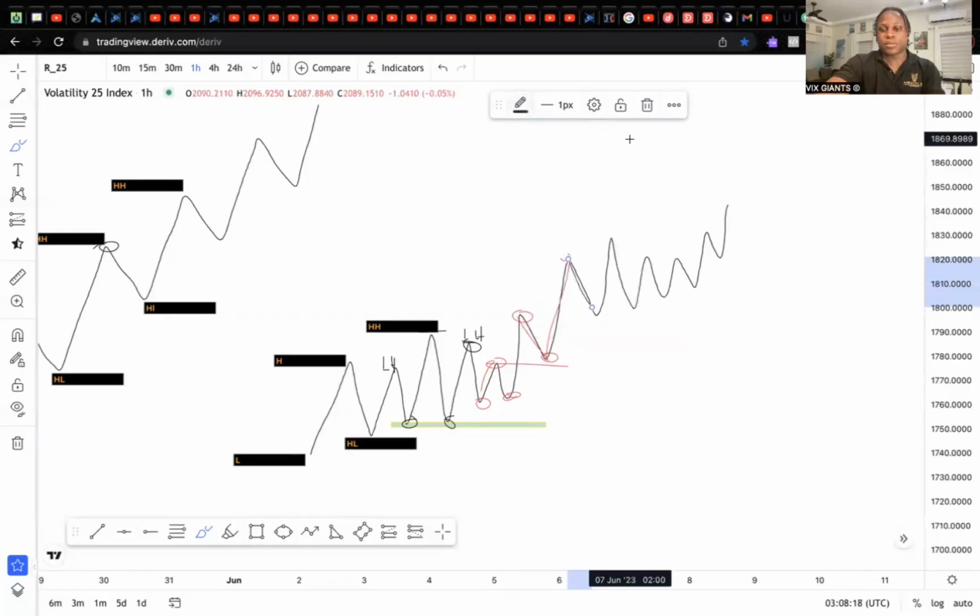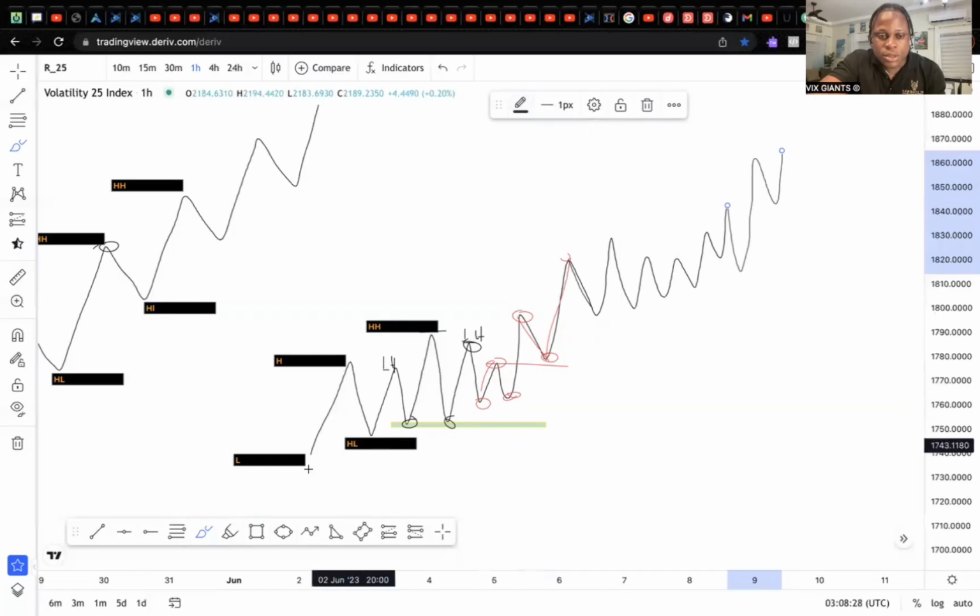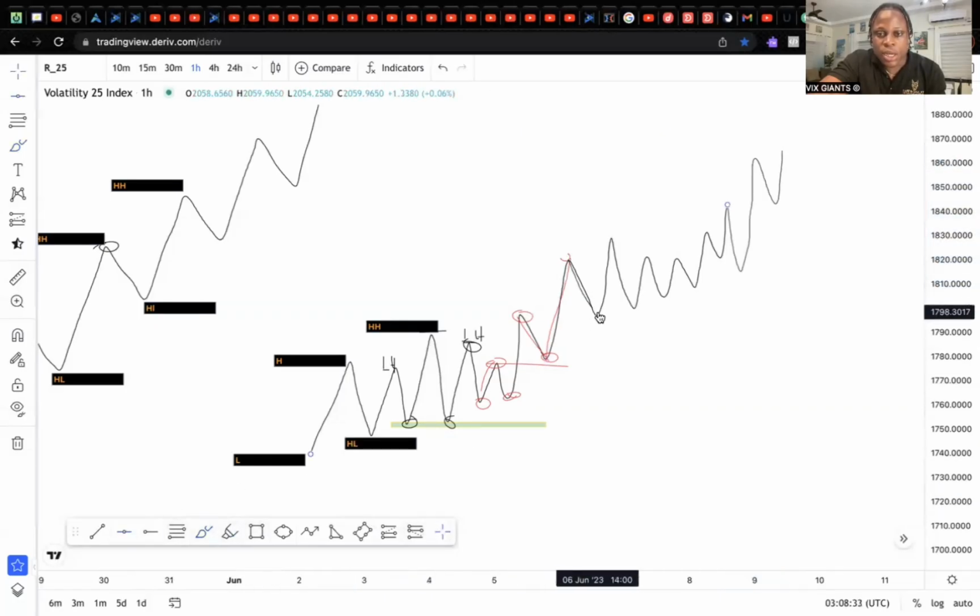So the trend continues: higher high, higher low, higher high, higher low, lower high, higher low. As we can see, a slightly lower high.